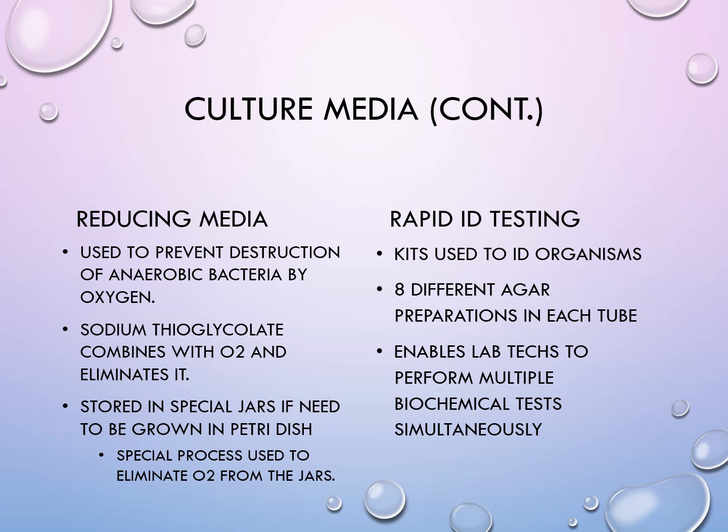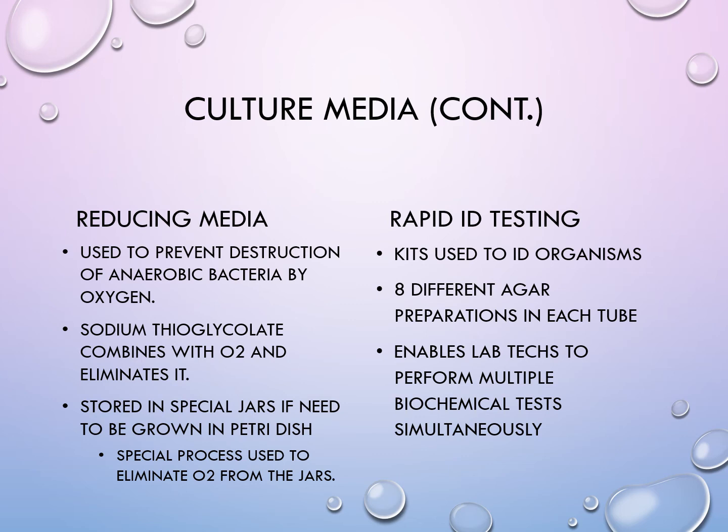And then lastly, rapid identification testing. These are basically kits that allow individuals, physicians, whoever, to test something on site and get pretty immediate results. The first type of rapid identification testing came about due to the HIV/AIDS epidemic.